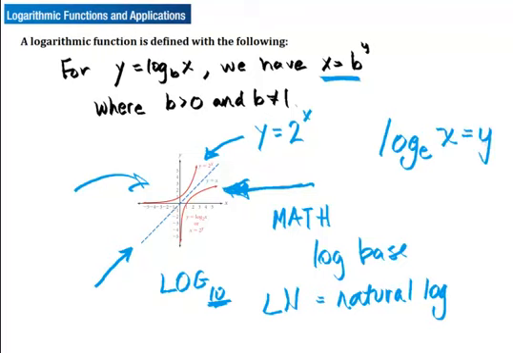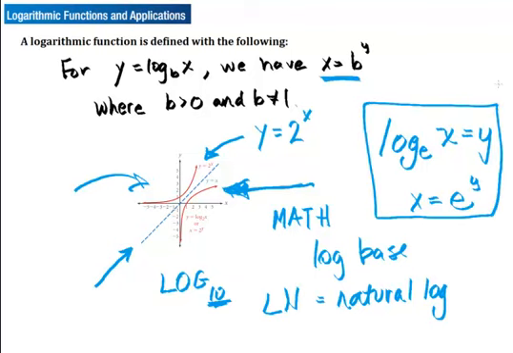So if we were looking at this one, I would rewrite it to be x equals e to the y. And this is my natural log. We just use this one so much that we just get lazy, so we don't write this anymore. Instead, we would just write natural log of x equals y. So we replace all of this stuff right here with just ln.